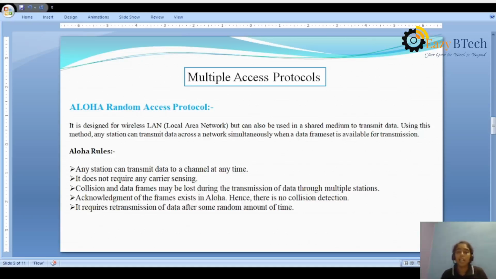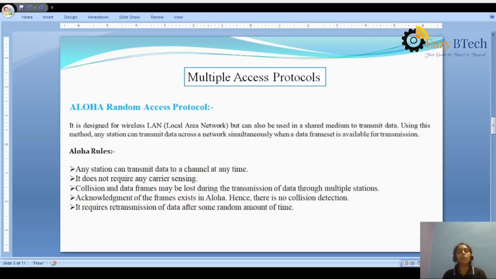The sender waits for some random amount of time for the acknowledgement. If the acknowledgement is not received, the sender retransmits the data.